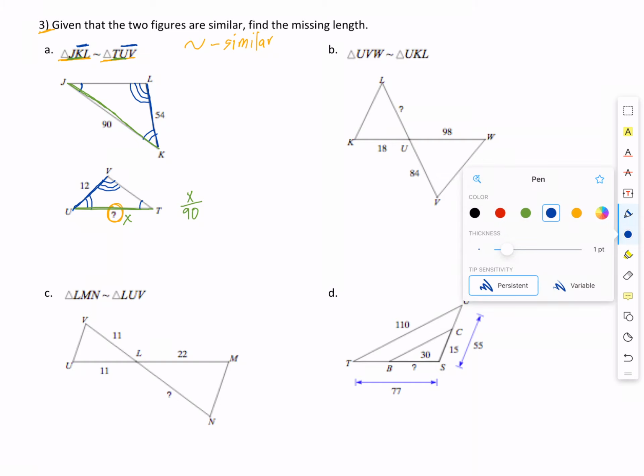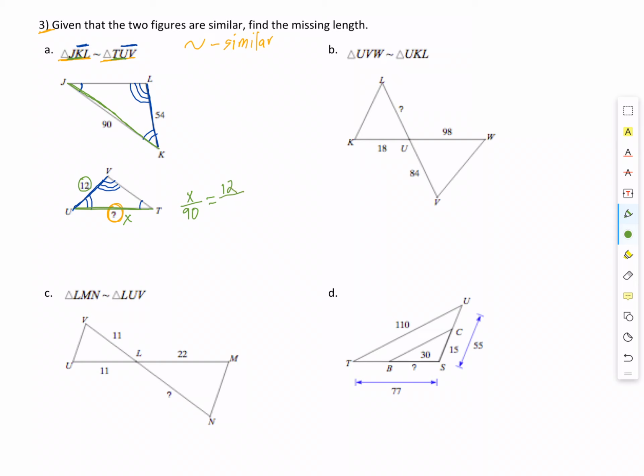So let me change my colors back here. So we did x over 90. So now what we'll have to do is we have this 12. And so that's equal to 12 over, and what does it correspond to? 54. So we'll have 12 over 54.